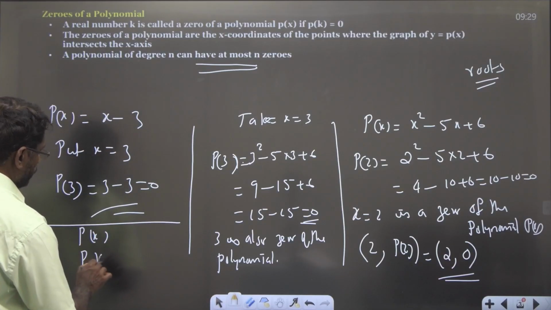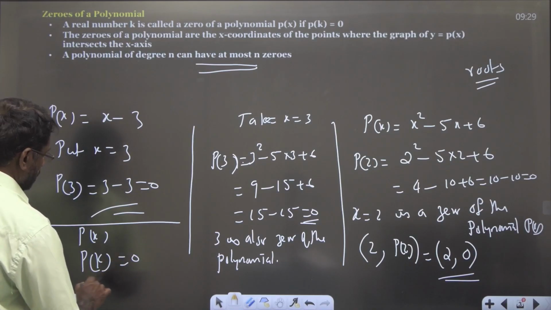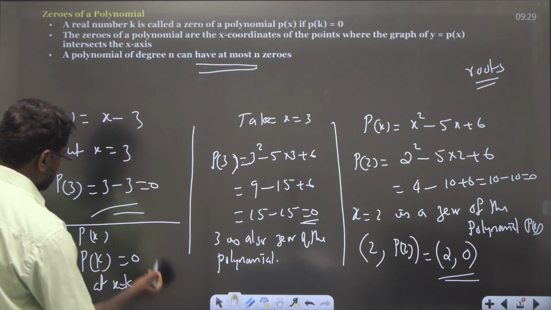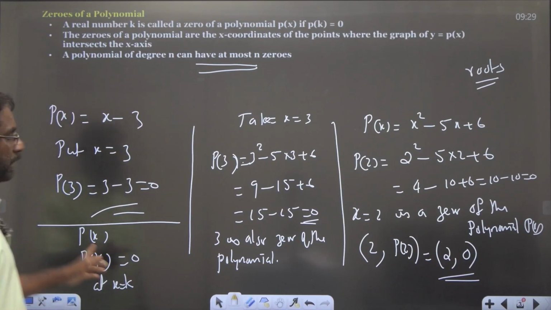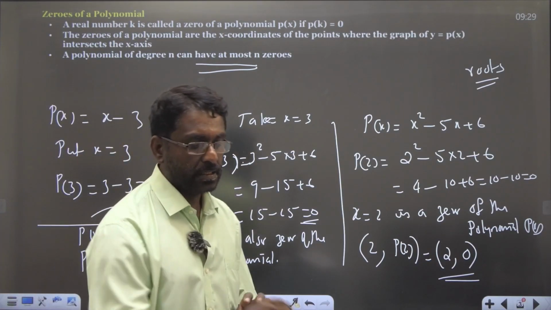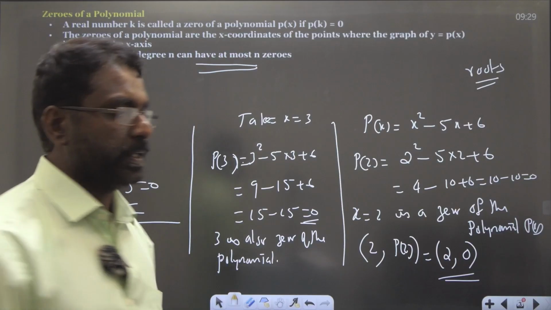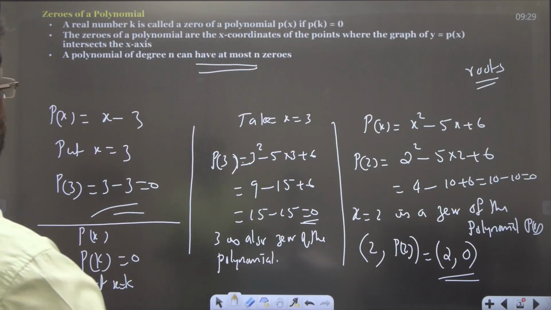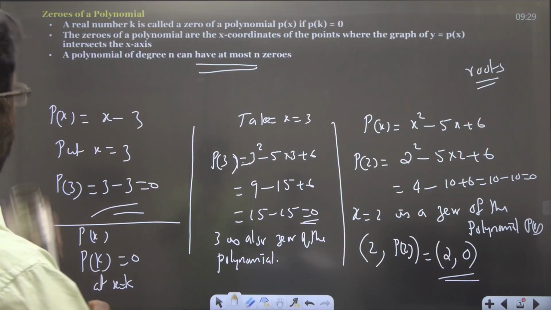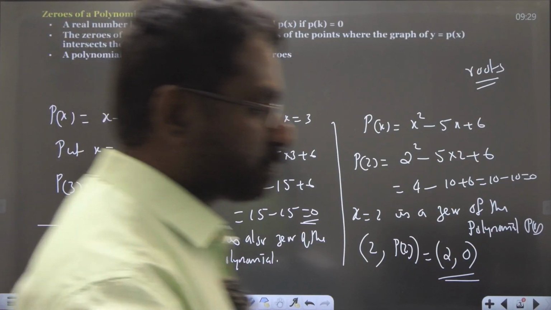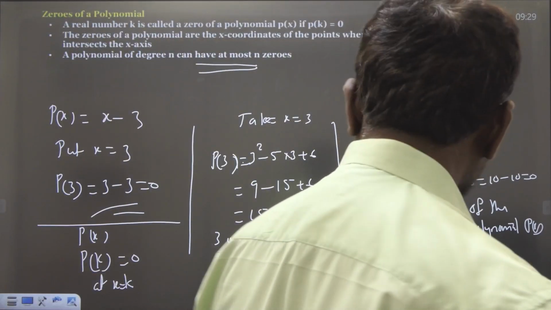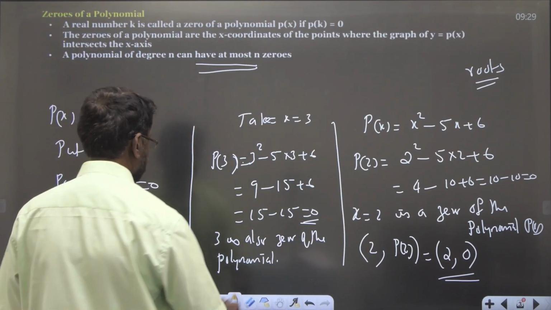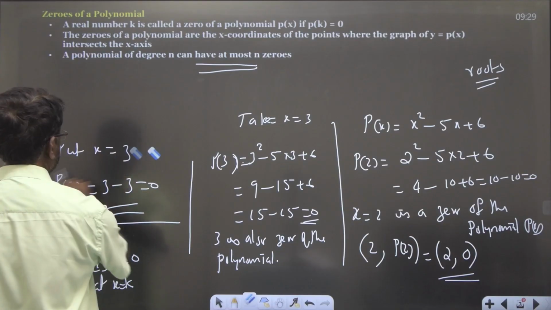If p of k is equal to 0, that means at x equal to k, p of x equals 0, then we can say that k is a zero of the polynomial.